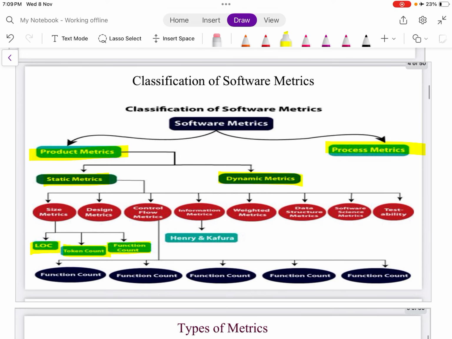LOC is lines of code. Under information metrics, Henry and Kafura. Then function count is there in control flow metrics.